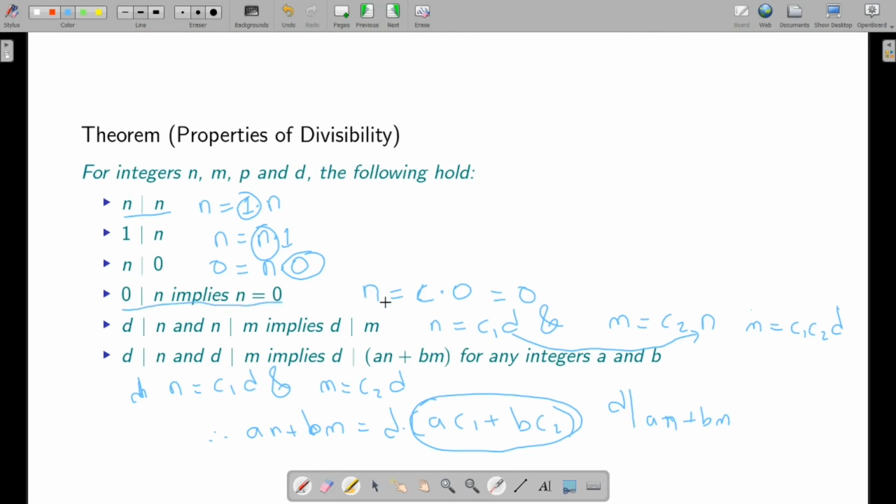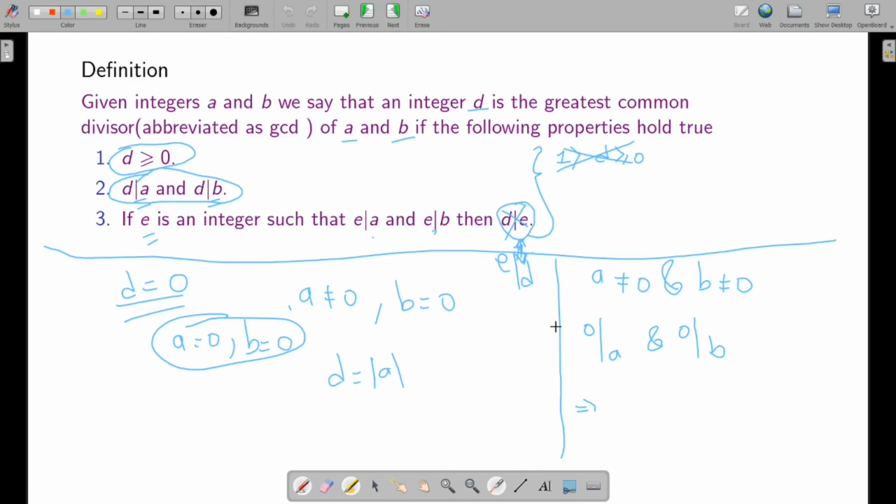If 0 divides n, then n has to be 0. So that tells us that A will have to be 0 and B also will have to be 0.